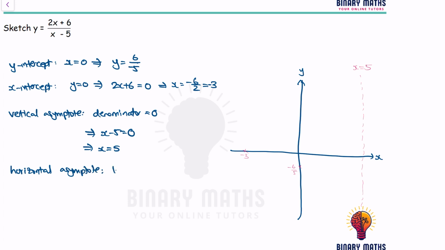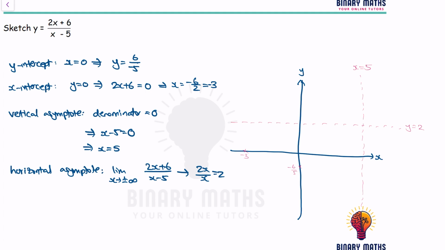Remember what happened when the limit as x tends to positive and negative infinity of (2x plus 6)/(x minus 5). This gets closer and closer to 2x over x, which is equal to just 2. So y equals 2 somewhere here. y equals 2 is an asymptote as well.